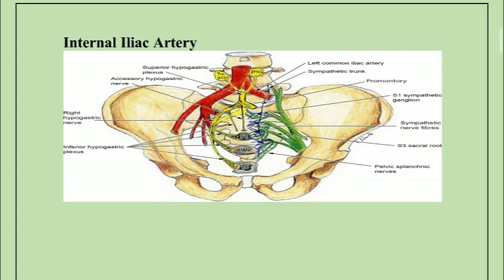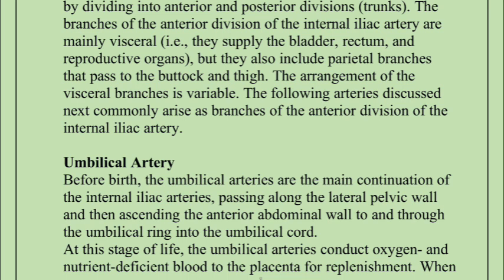Variations could occur, but the internal iliac artery usually ends at the superior edge of the greater sciatic foramen by dividing into anterior and posterior divisions. These divisions are actually trunks because they are large vessels.